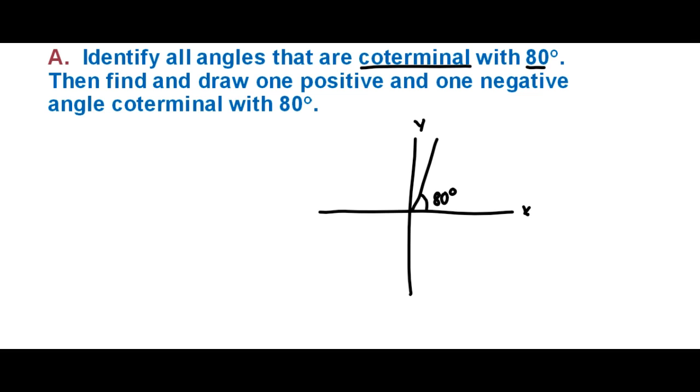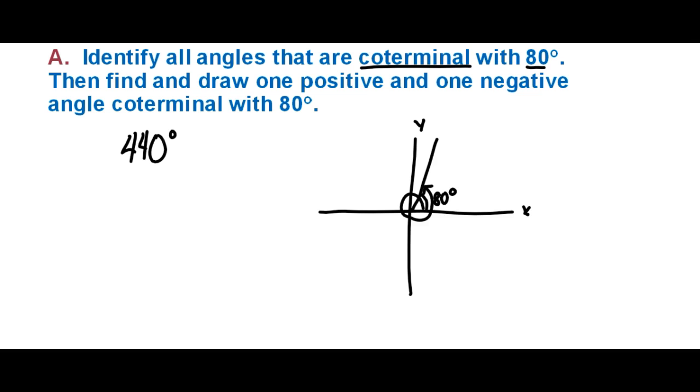So as you can imagine, if I take 80 and add another 360 degrees to it, I'm going to get 440 degrees. So 440 is an angle that's coterminal. And of course, I could add another 360 to that and get 800 degrees. Or I could go the other way.